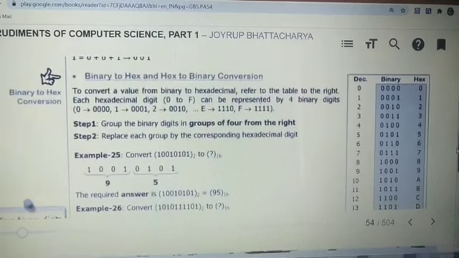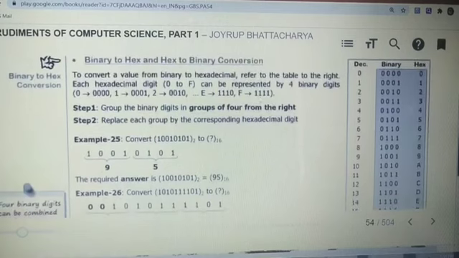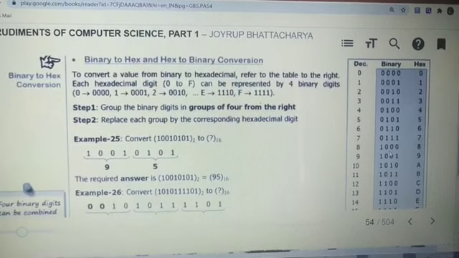Now coming to the binary to hexadecimal conversion. You have to remember this chart; it is very important. Hexadecimal is a 4-bit representation, octal is 3 bits and hexadecimal is 4 bits.